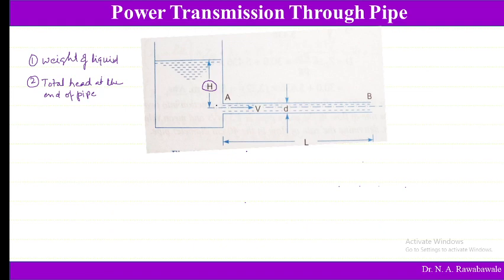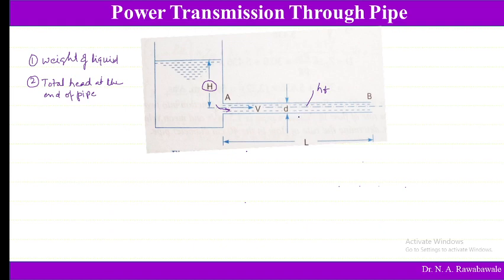As this liquid flows through this pipe there will be a loss of head because of friction, that is hf. So an amount of energy is lost because of friction here.